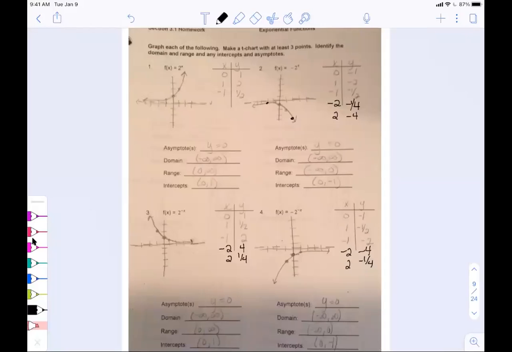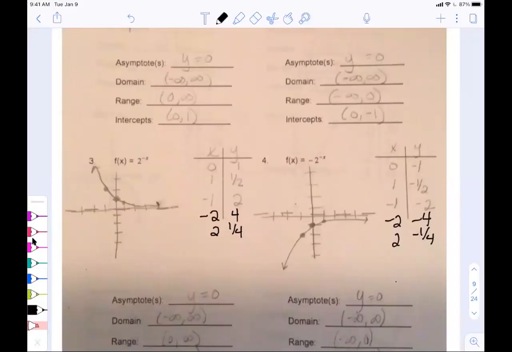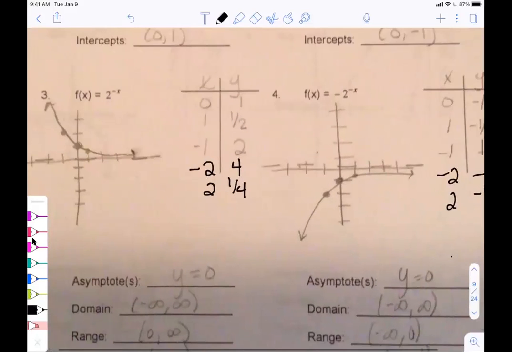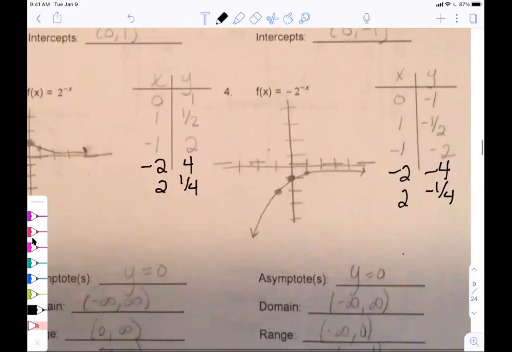And then number 4 was doing a combination of all of that. There were 2 reflections here because the base, the negative 2, is making the y values negative. But then the exponent is also negative, so that's also making the x values negative. So this is a reflection over both the x and the y-axis.